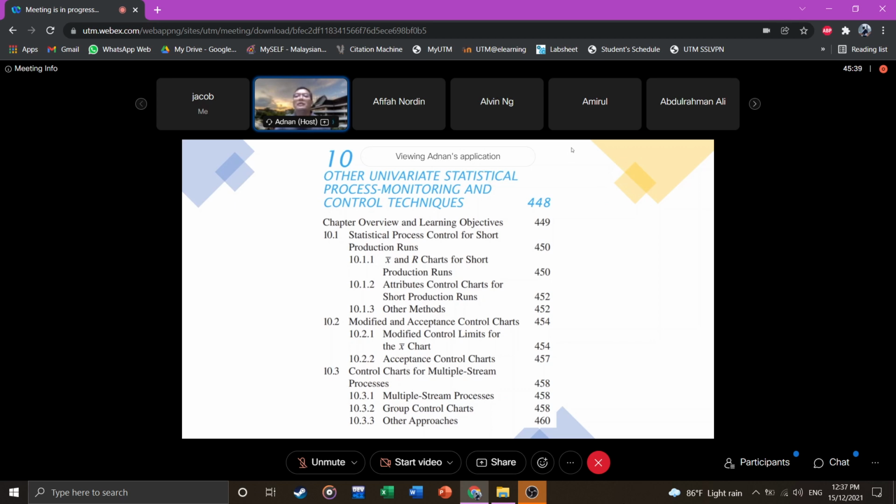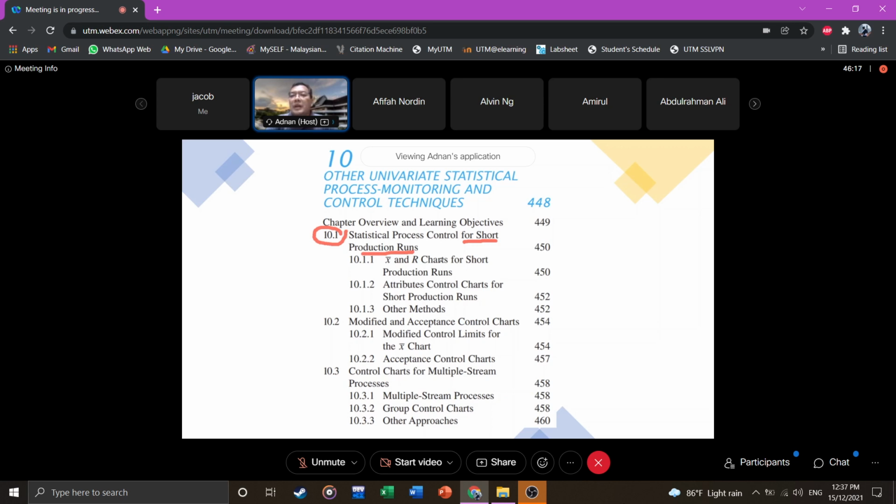But I would like to highlight here, there are cases where we have what we call short run production. Most of the control charts were traditionally invented for the purpose of long run production, meaning that the production is running for a long period of time. But because of the short product life cycle nowadays, some products are only produced for a short period of time and then changed to another model, another design.